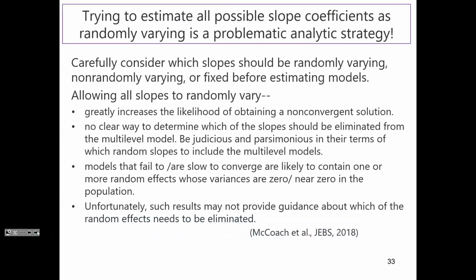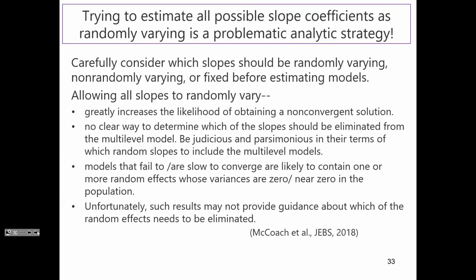Another thing to consider is putting in randomly varying slopes that you don't need. If you put in randomly varying level 1 coefficients, I'm saying slopes because usually the intercepts are fine, though it could technically be the intercept. If you try to estimate all the potential random effects in a very large model, I think I said this before, that can be really problematic.